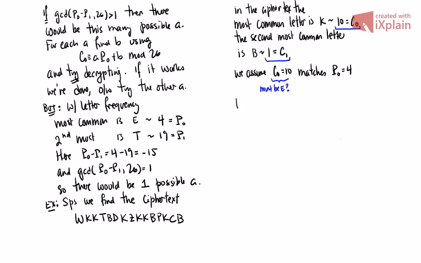And then we assume that C1, which is 1, matches P1, which is 19, because we think that the second one must be T. And of course, this is E, and this is T. So when we say matches, this is what we're assuming, to be clear.